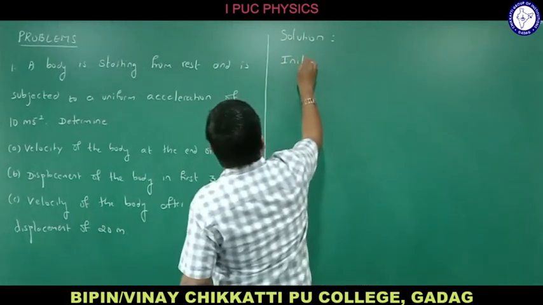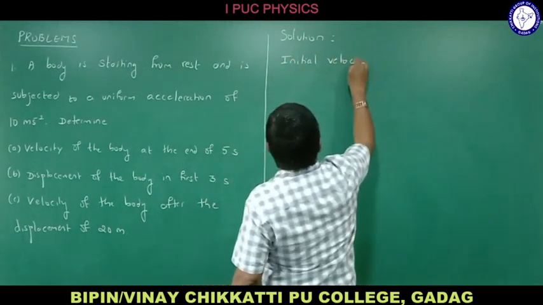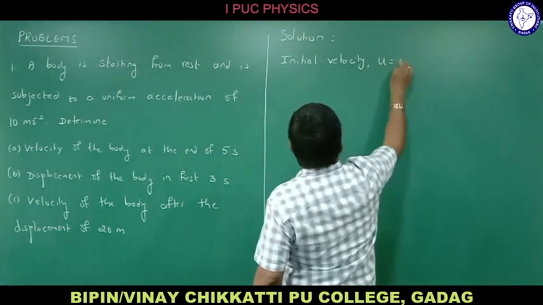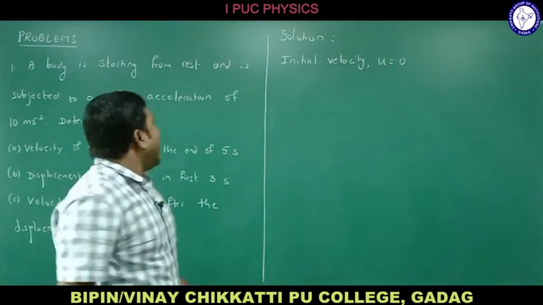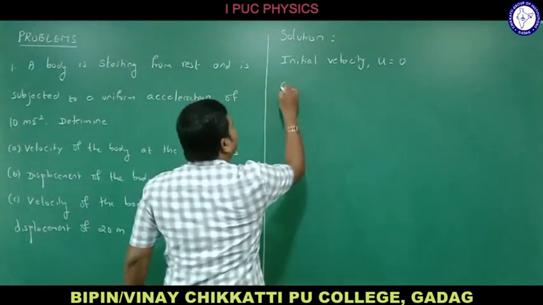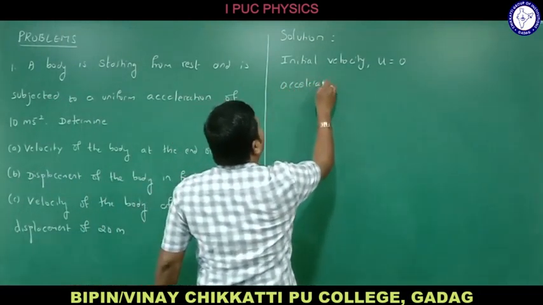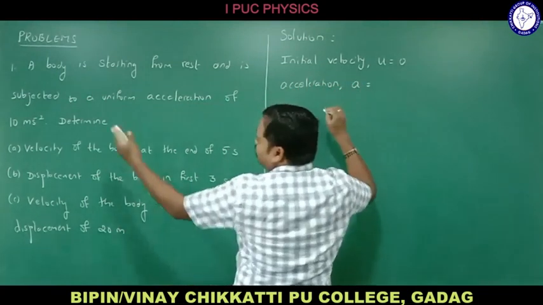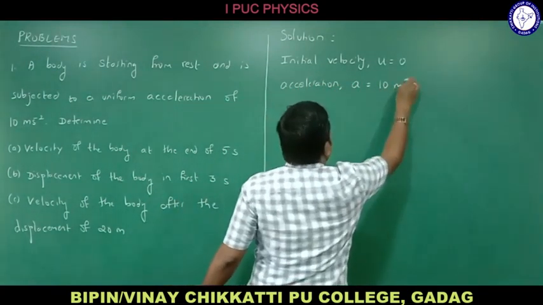So initial velocity is given. How much is it? 0, right? And starting from rest it is subjected to uniform acceleration, means it has some acceleration. What is the acceleration it has here? 10 meter per second square.